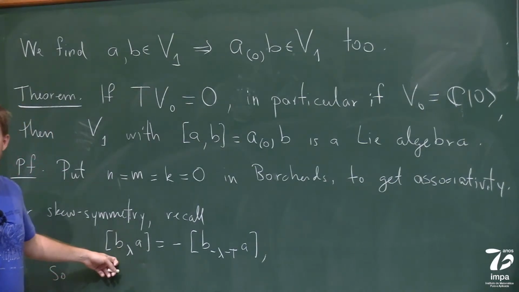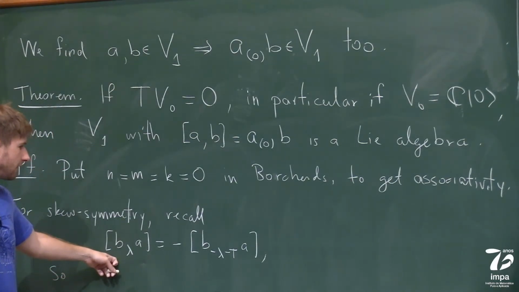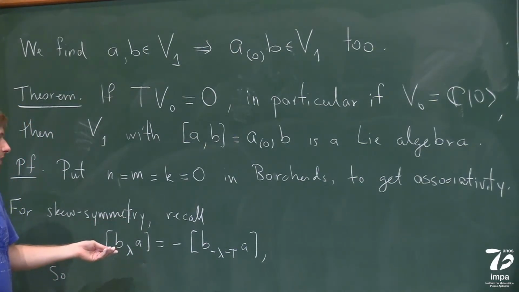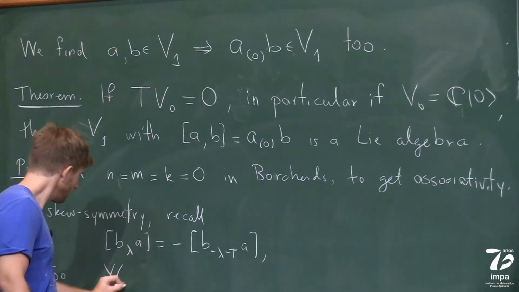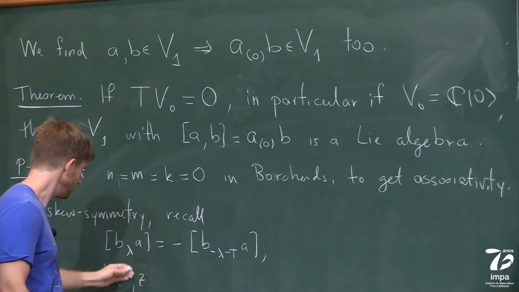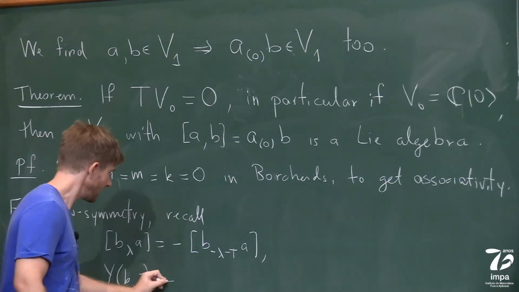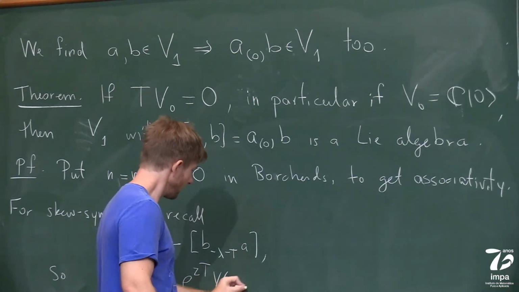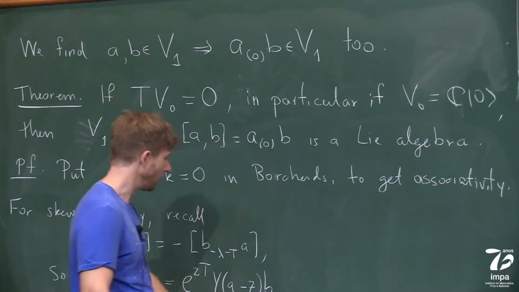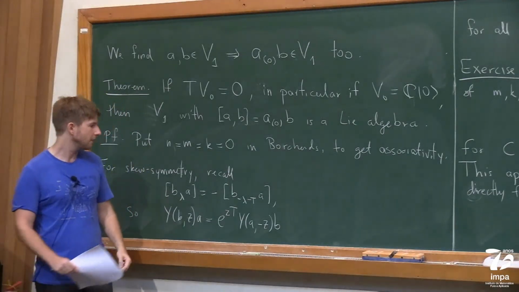So we had skew symmetry in this form, lambda brackets. Now it can be expressed in terms of fields already. So Y of A(z), Y of B(z) applied to A is given by e to the zT, Y of A minus z applied to B.